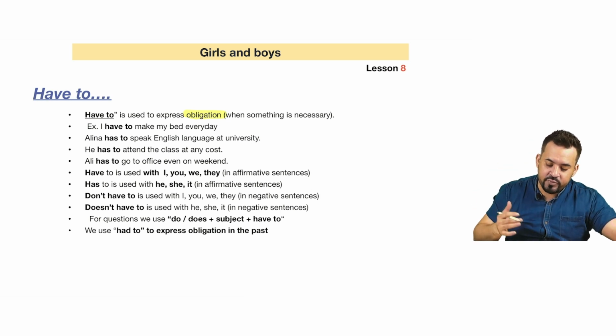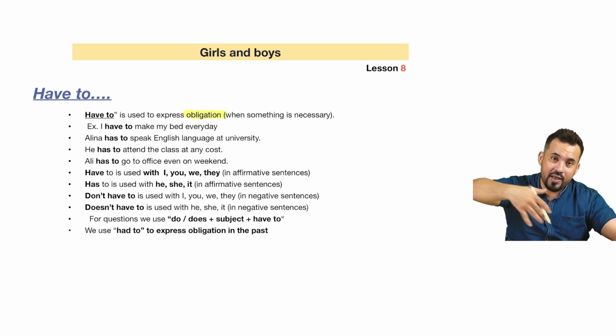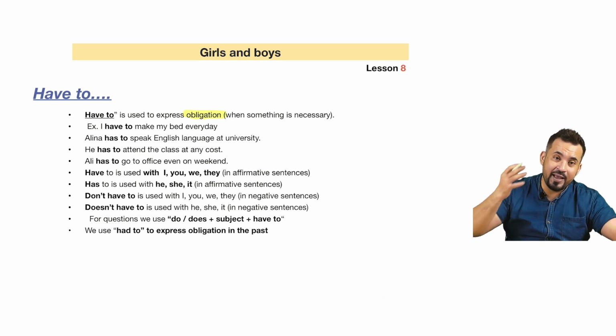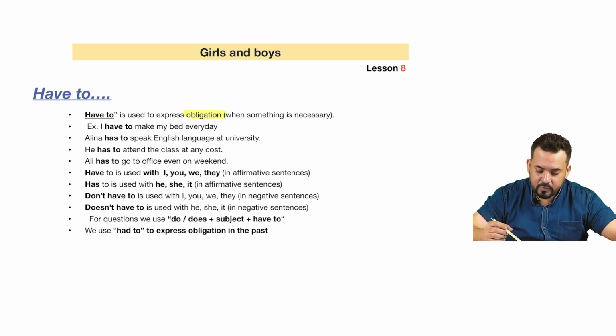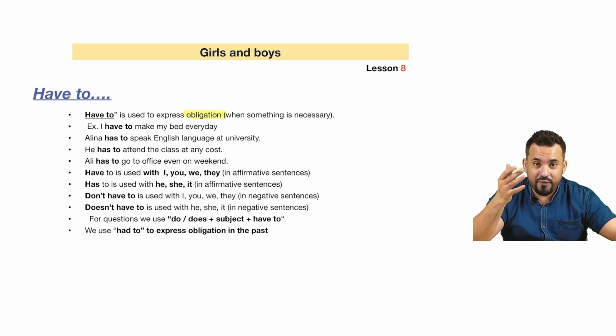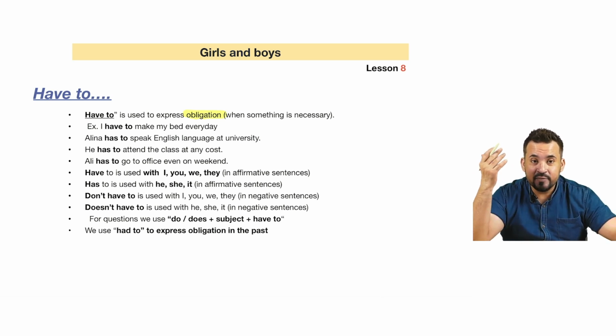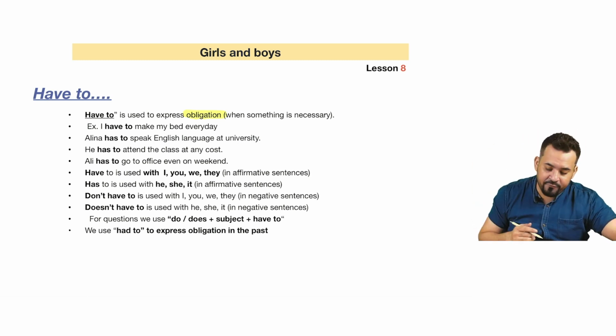So have to is used with I, you, we, and they, and plural nouns, right? And has to is used with he, she, it, names and single nouns. The negative of has to is doesn't have to, and the negative of have to is don't have to.